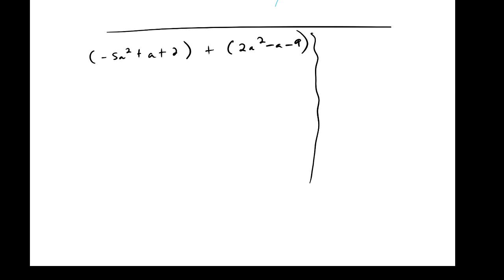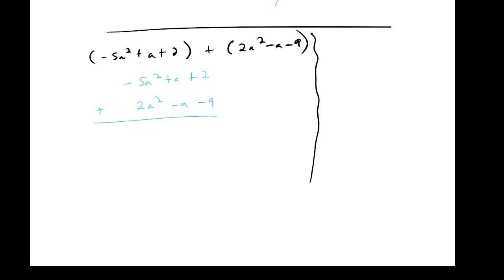Okay, I have a negative 5a squared plus a plus 2, plus 2a squared minus a minus 9. Okay, first, let's do it the vertical way. So negative 5a squared plus a plus 2, plus, and right underneath it, 2a squared, a negative a, and a negative 9.